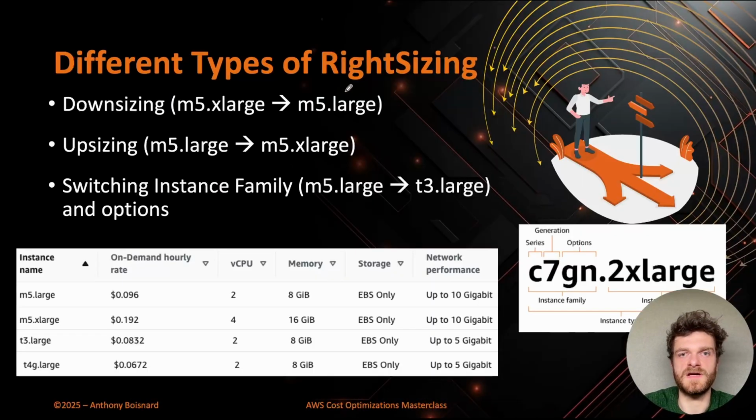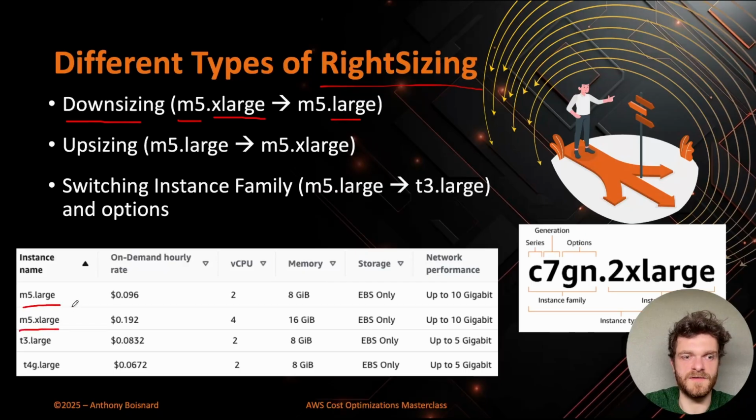So you have different types of rightsizing. The first and famous one will be downsizing, meaning you are keeping the same family here, M5, and you are lowering your instance size, for example, X large to large. So you have all the instance details here.